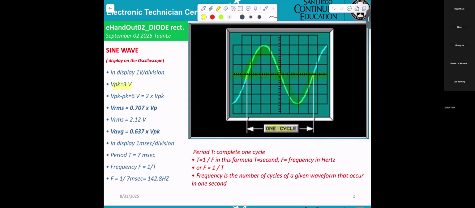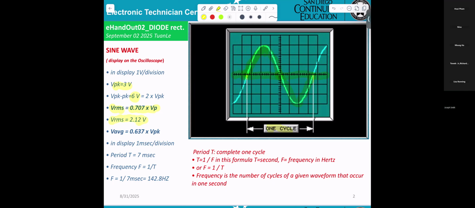That means 6 volt. However, we have to deal with the VRMS. And VRMS equals 0.707 times V peak. That is given to you.